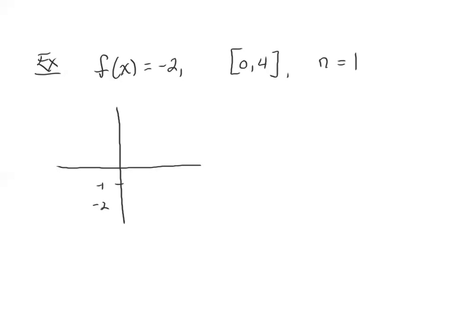This function is constant, so it is a horizontal line, this particular horizontal line here. And I'm considering it on the interval from 0 to 4, excuse me. Misread my own writing there. 1, 2, 3, 4.